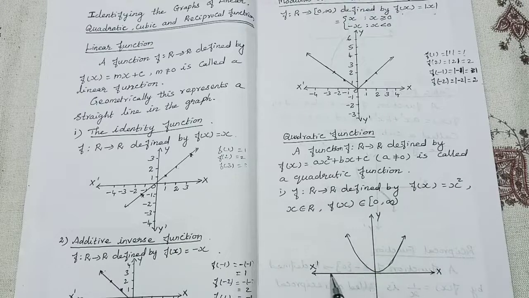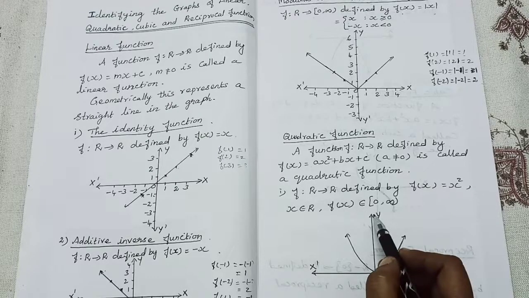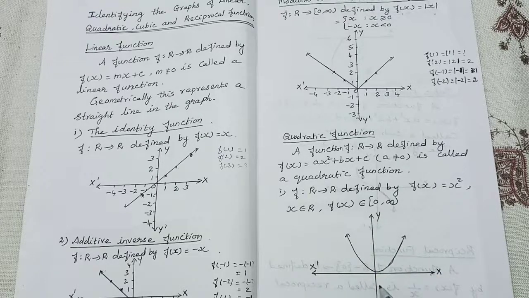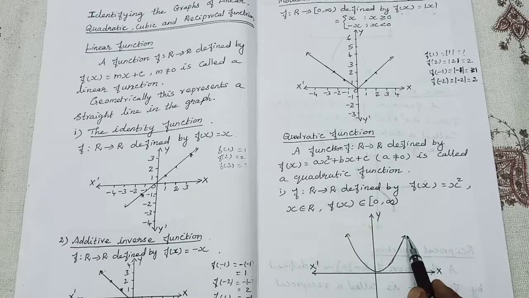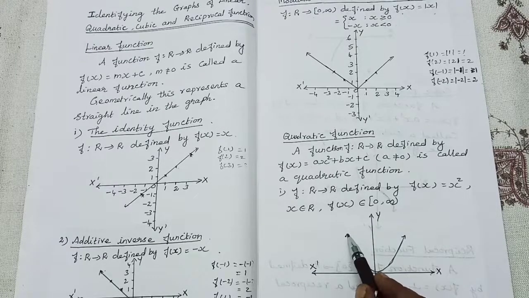X values can be all negative and positive numbers, but f of x, that is y on the y axis, will be positive values only. Like this we will get a parabola. For f of x is equal to x square, the parabola lies above the x axis. Like this you will get the graph.